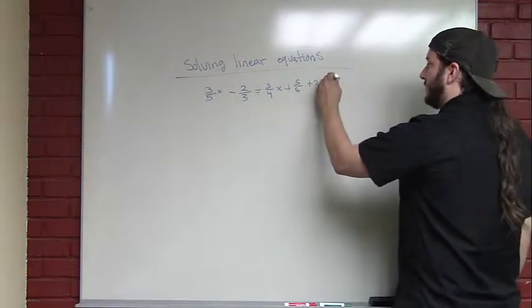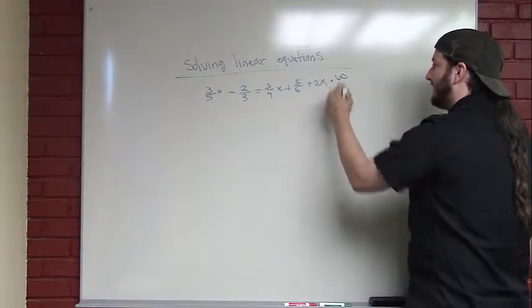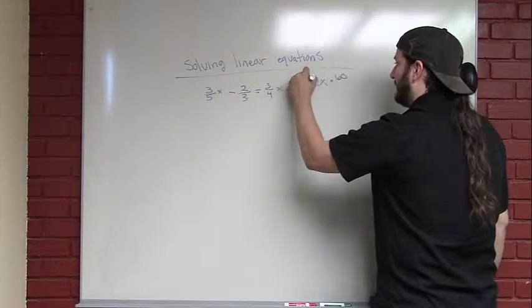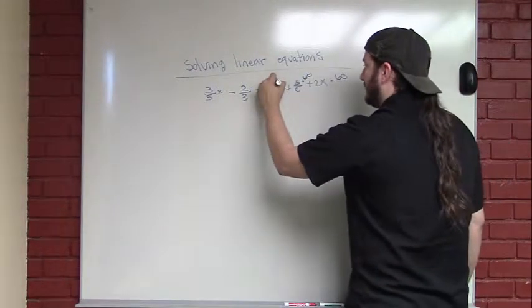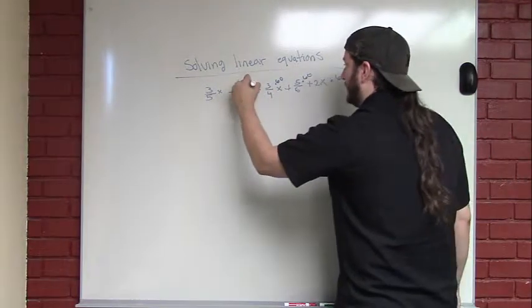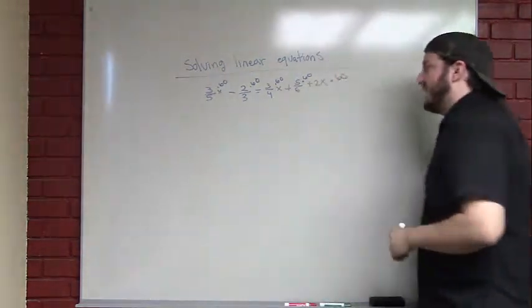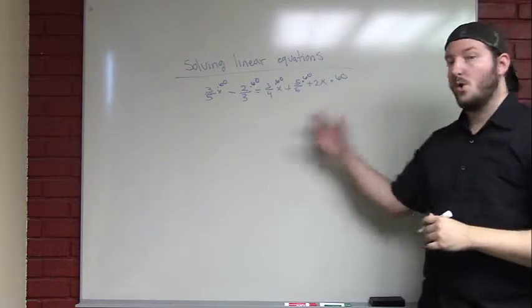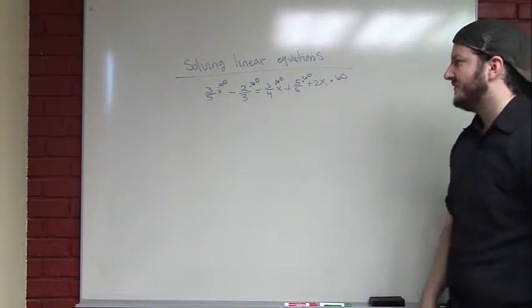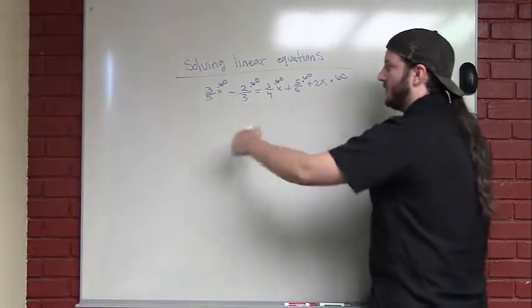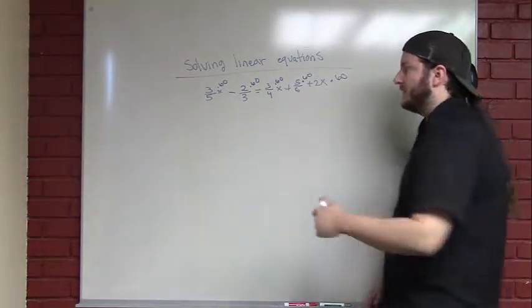So what you have to do is you have to multiply every single term in this problem by 60. All of them, okay? But that's where the magic happens, okay? So it looks horrible, but we're going to fix that. So when you do that, remember, those are always going to reduce with that bottom number, assuming you did it properly, okay?